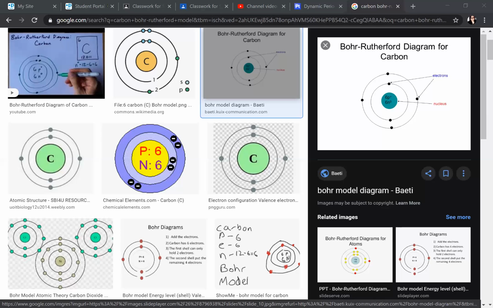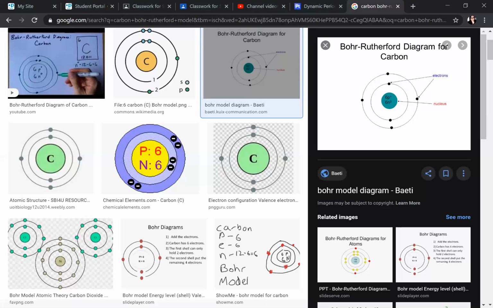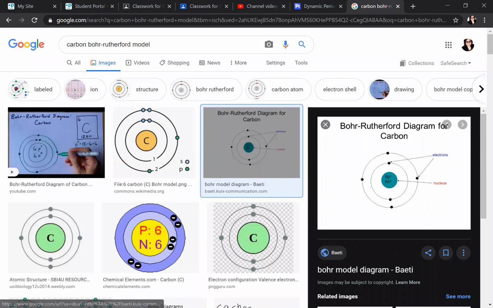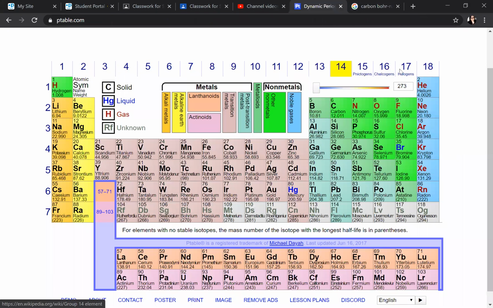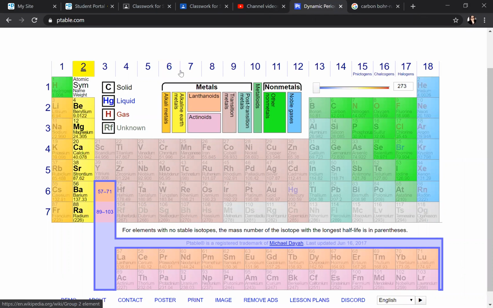And an easy way to figure out how many valence electrons any one of these elements has is to go to your periodic table and look at what group the element belongs to. So for example, if we flip back to the periodic table, at the top here, these are all our group numbers, and we go across from 1 to 18.